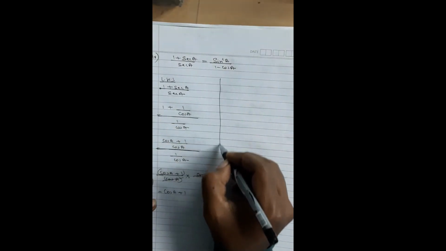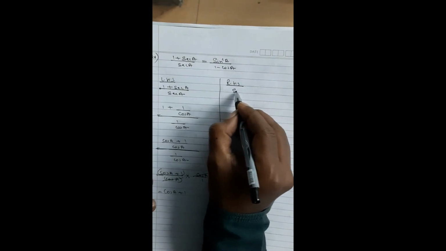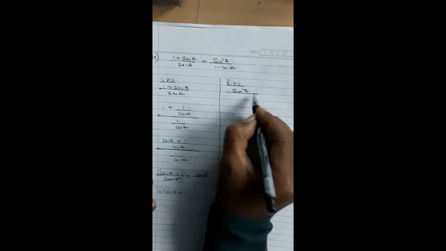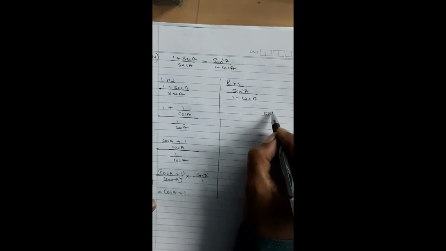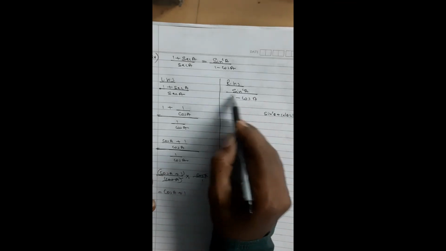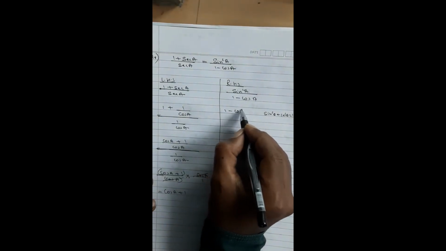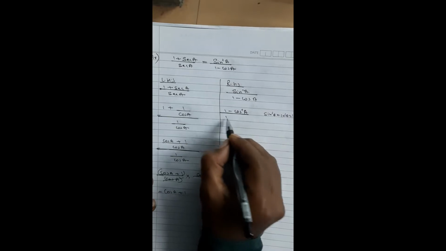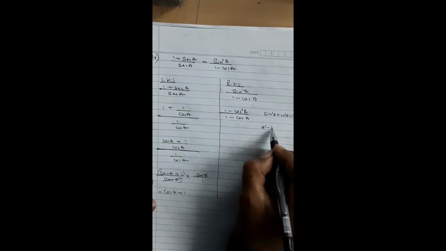Now let us partition this and write RHS over here. Sin square a upon 1 minus cos a. Here the only possibility is sin square theta plus cos square theta is equal to 1. So sin square theta is going to be 1 minus cos square theta, 1 minus cos square a upon 1 minus cos a. Now this will be a square minus b square is equal to a plus b into a minus b.